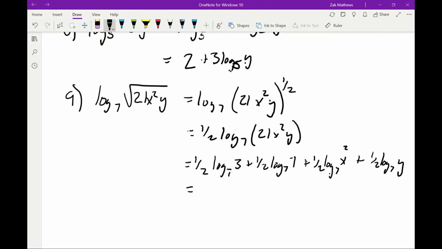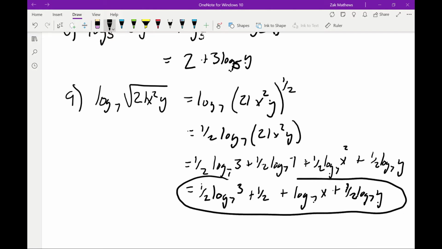I'm going to simplify any logs that I can. So the 3, I can't simplify that, but the log base 7 of 7 I can. That's simply equal to 1/2. And I'm also going to bring forward any exponents. So the squared on the 2 comes forward. 2 times 1/2 is just going to give me 1, so we'll have log base 7 of x. And then finally we'll have the 1/2 log base 7 of y, which we can't do anything with. So this would be our final answer.